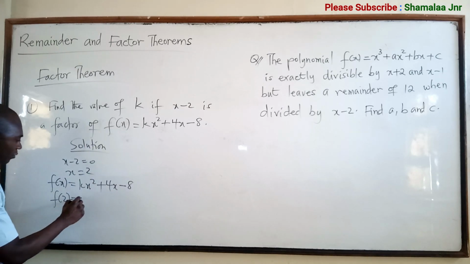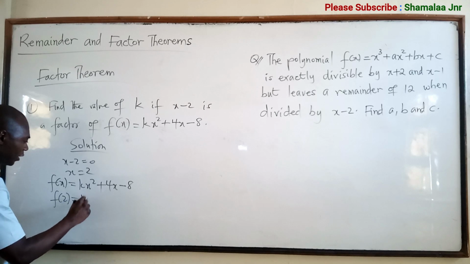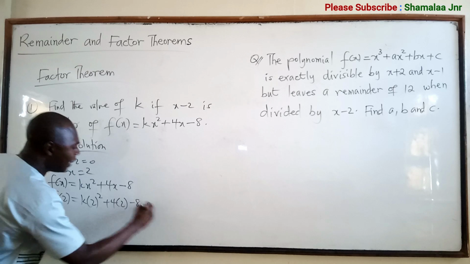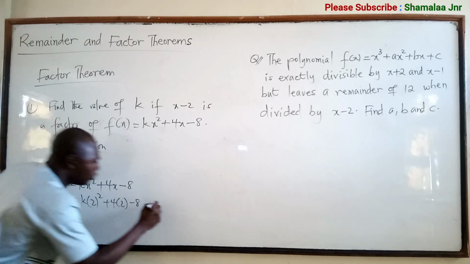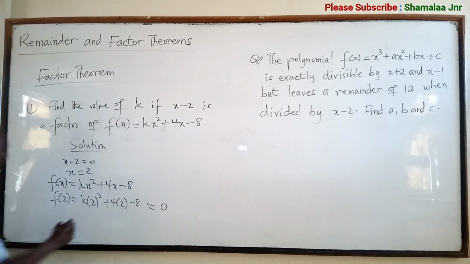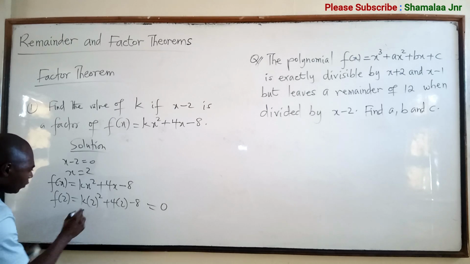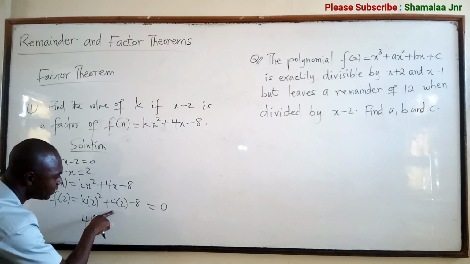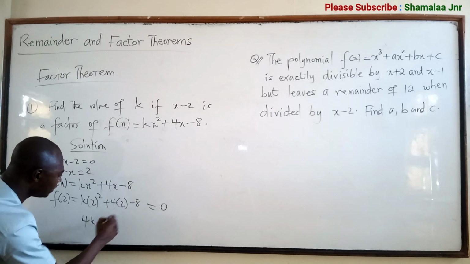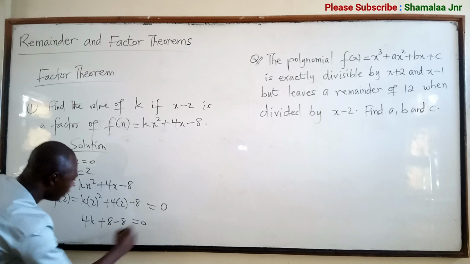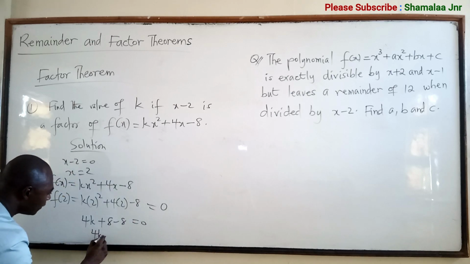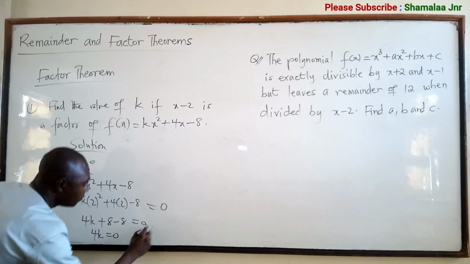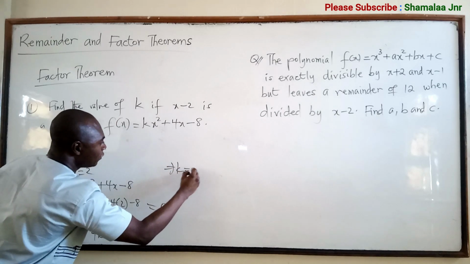When you put 2 here, this will be k times 2 squared plus 4 times 2 minus 8, and this should be equal to 0. This is equal to 4k plus 8 minus 8. 8 minus 8 is equal to 0. So this means that 4k is equal to 0, so this implies that k is equal to 0.